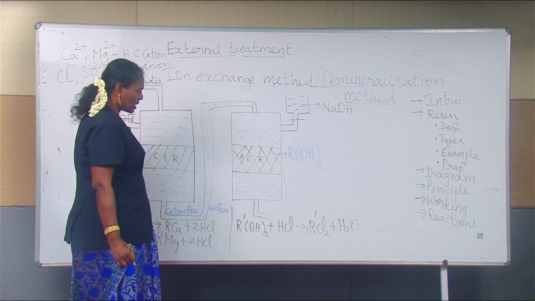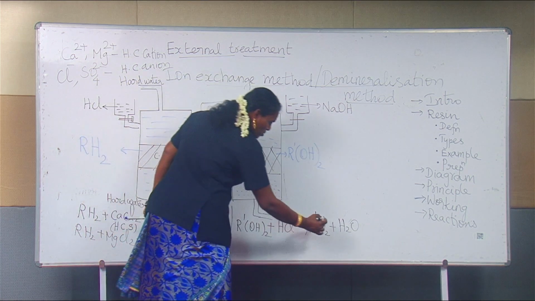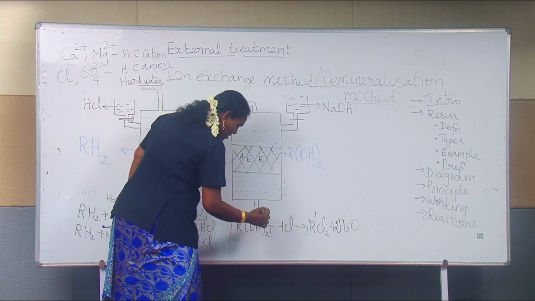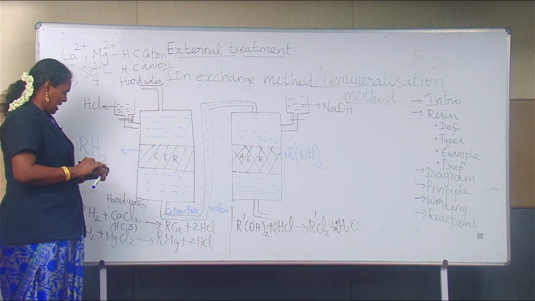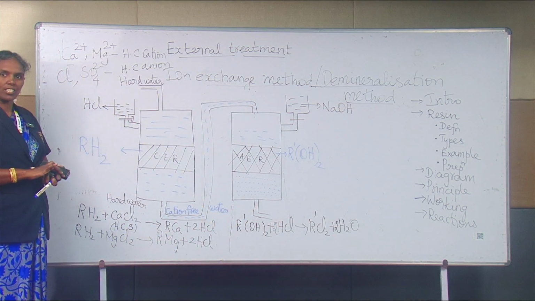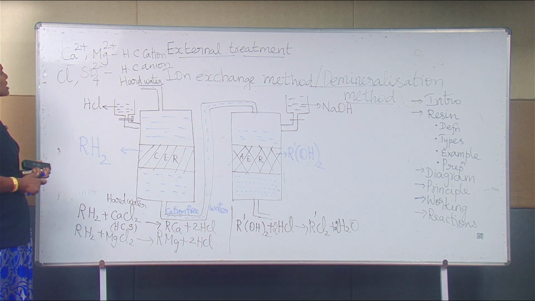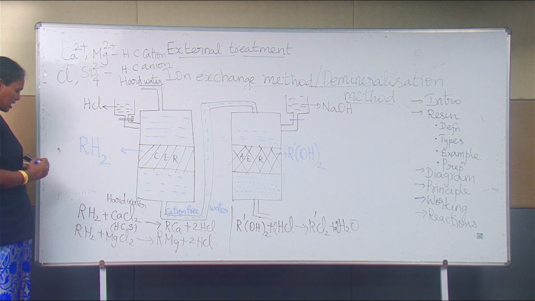Clear? Balance this equation. So here 2H2O, and also here you can write 2. Now it is balanced. I have written only chloride ions. Suppose you write sulfate anions, like calcium sulfate or magnesium sulfate. For calcium sulfate alone, I will write the equation.